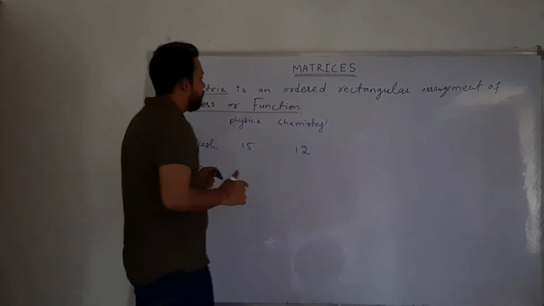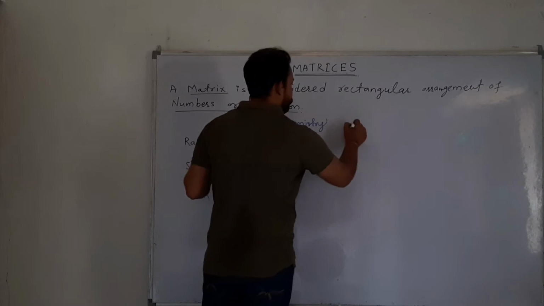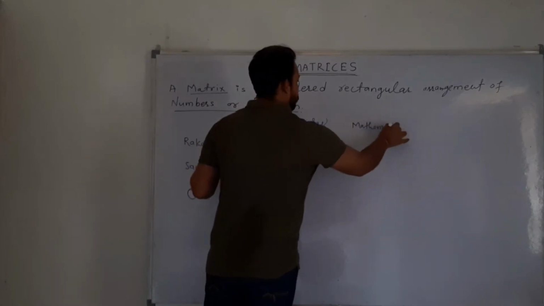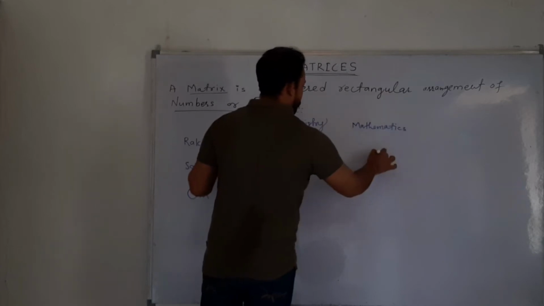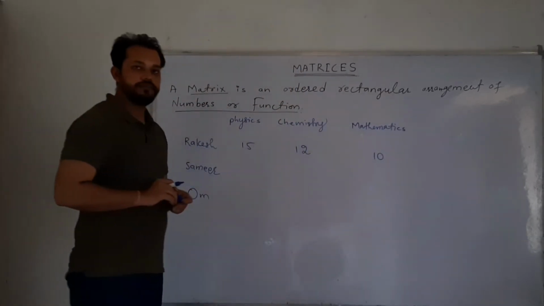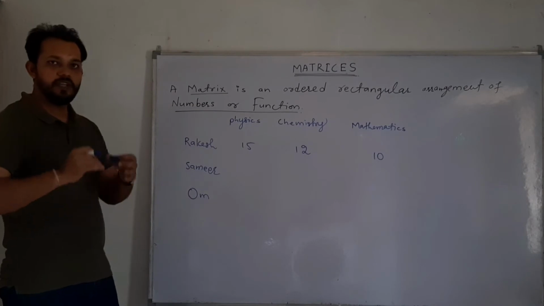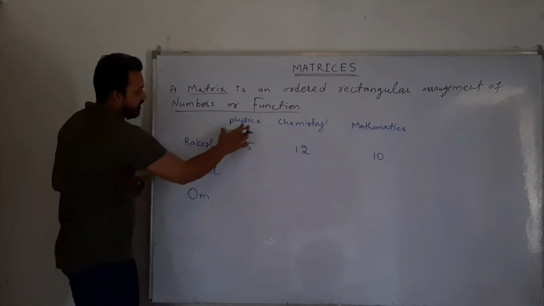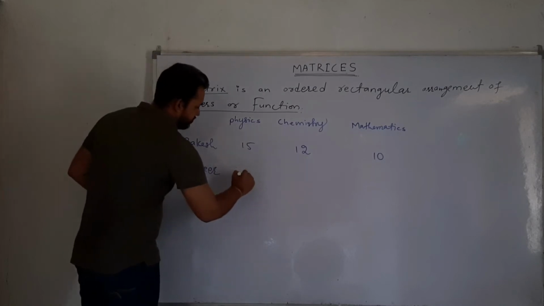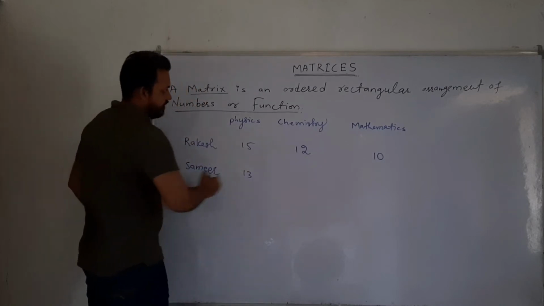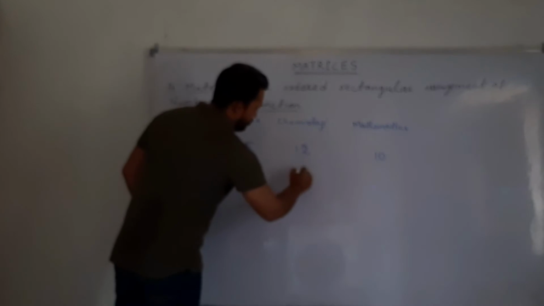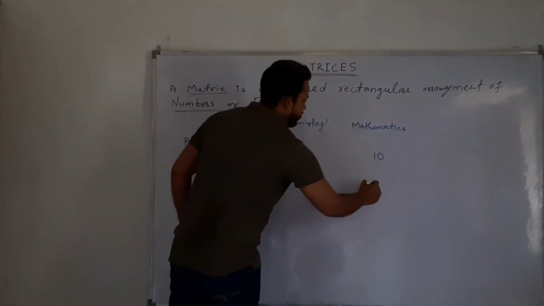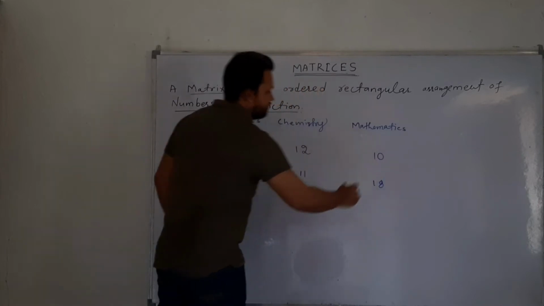And marks obtained by Rakesh in mathematics is 10. In the same way, marks obtained by Samir in physics is 13. In chemistry, he got 11 marks. In mathematics, he got 18 marks.